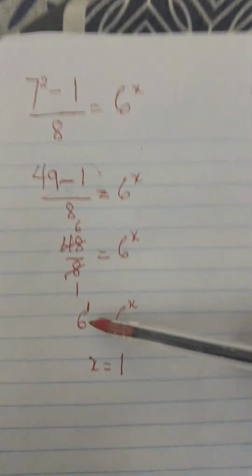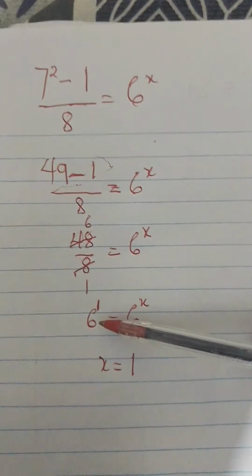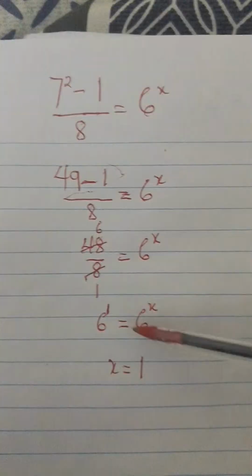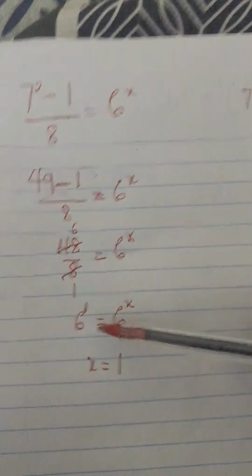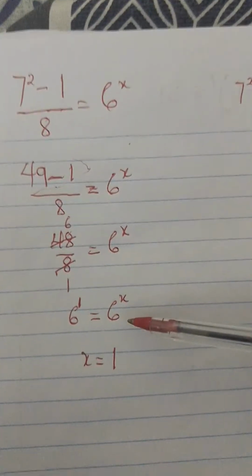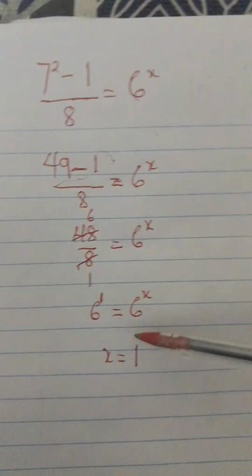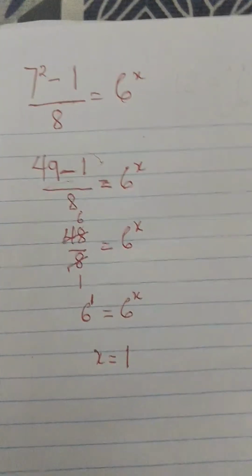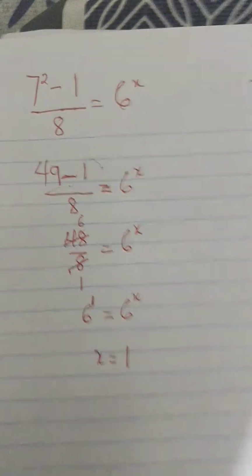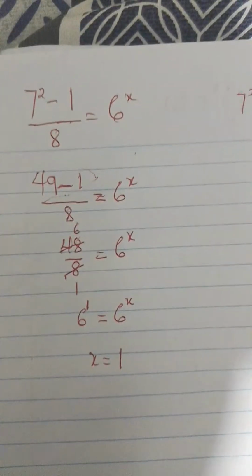Any whole number has an exponent of 1. So that is 6 exponent 1 equal to 6 exponent x. So since the bases are the same, you equate the exponents. So that's how to solve it. This indices is very simple.